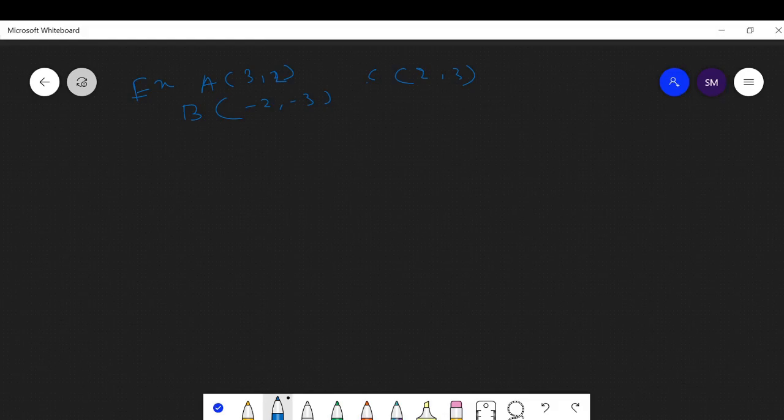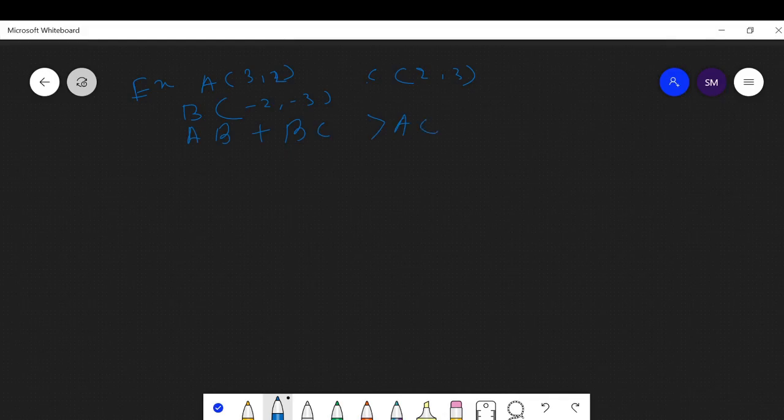How can we find out whether these 3 points are vertices of a triangle? Recall the inequality property of a triangle. What does the inequality property of a triangle say? The sum of two sides is greater than the third side, means AB plus BC is greater than AC.